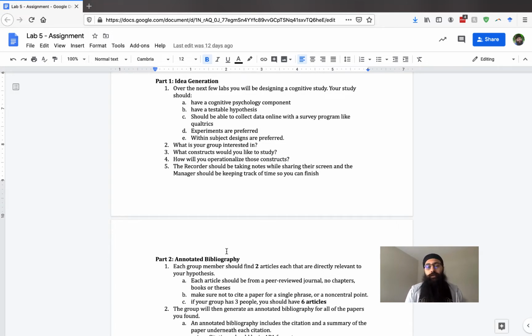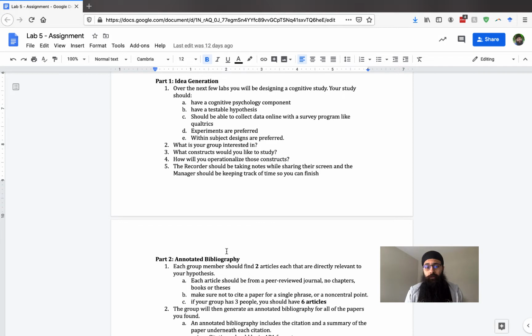It should have a testable hypothesis, something that we can measure and test, specifically with a survey methodology. So we need to be able to use Qualtrics or Google Forms to test your question. If you would like to go with something more complicated, that's fine, as long as you're able to finish it within 2.5 hours during lab 6.